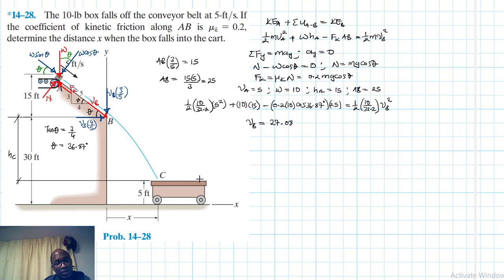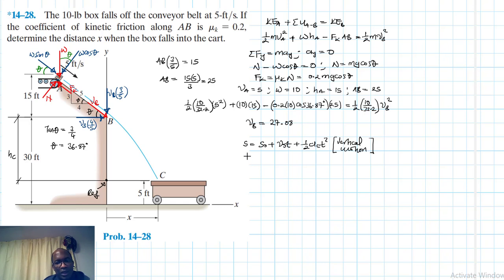So the acceleration is constant, so we need to find the time the box will fall from B to C. Then using that time we can compute X. So one of the formulas that we can employ here is S equal to S naught plus V naught T plus half A T squared, and here we are going to look at, we'll start with the vertical motion. Okay, the vertical motion. So we'll pick this as our reference.